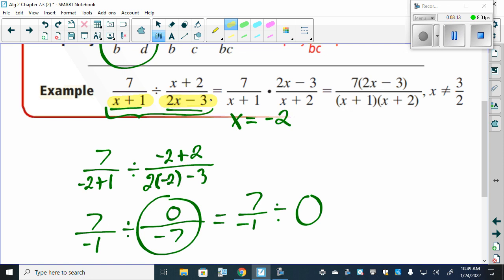We also have to look at the numerator of the second expression. So the whole second expression cannot be 0, or the two denominators, because we're dividing, not multiplying. And that's the only real difference with the restrictions.